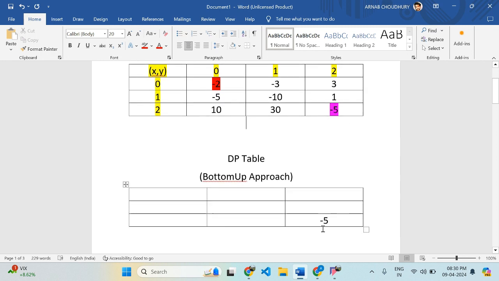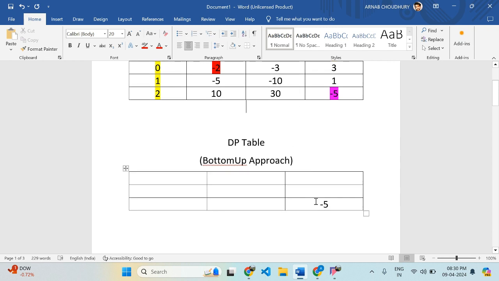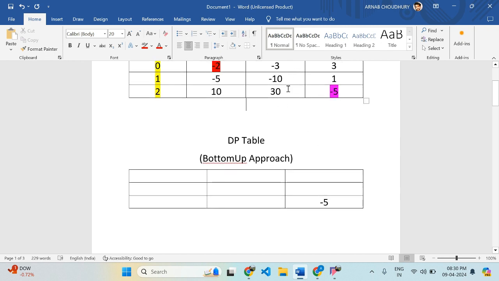Suppose we have minus 5. The condition is that we can move to the left or move up. When we move to the left, we can see 30 is there. So what value is required in order to make it minus 5? We take the present value of the cell, which is 30, plus the value which we are going to reach, that is minus 5. So this becomes 25.